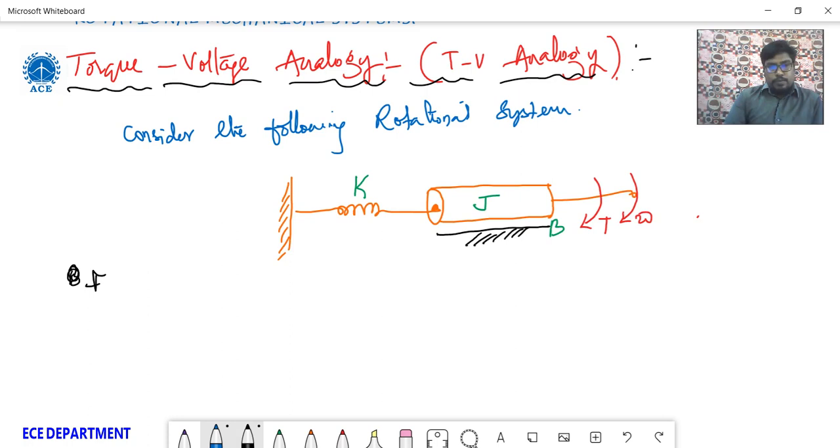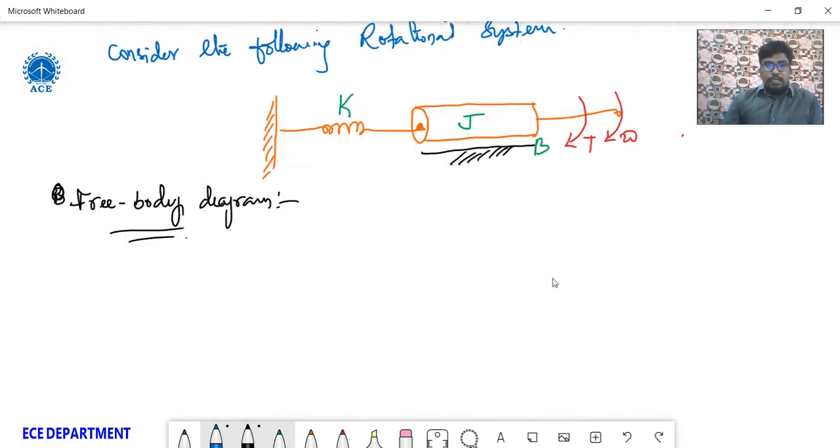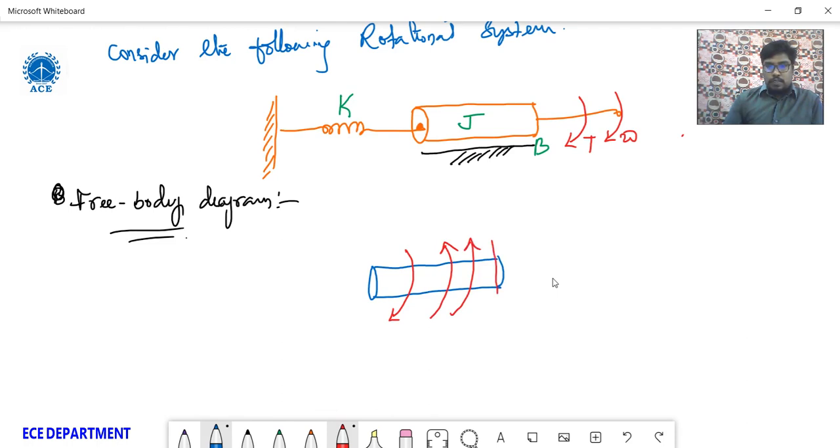Before going to that, let us see the free body diagram of the given system. What is a free body diagram? It shows the applied torques and opposing torques. This is the externally applied torque.